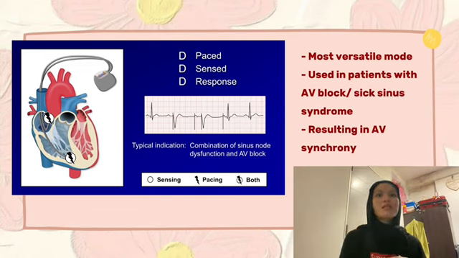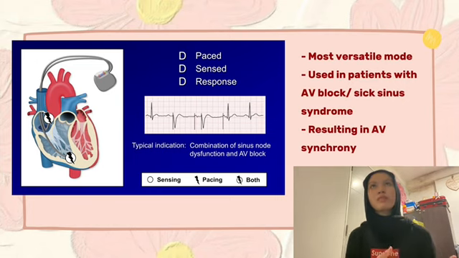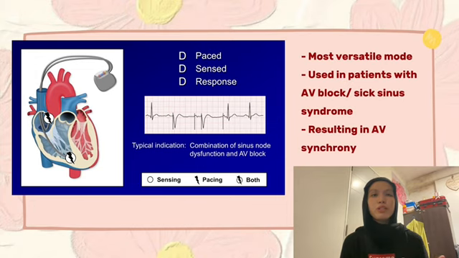It is the most versatile mode, commonly used in patients with AV block or sick sinus syndrome. It mimics the natural electrical conduction by coordinating the activity between the atrium and the ventricle, so it can ensure atrial contraction happens before ventricular contraction, optimizing heart function, particularly in patients with AV node dysfunction.